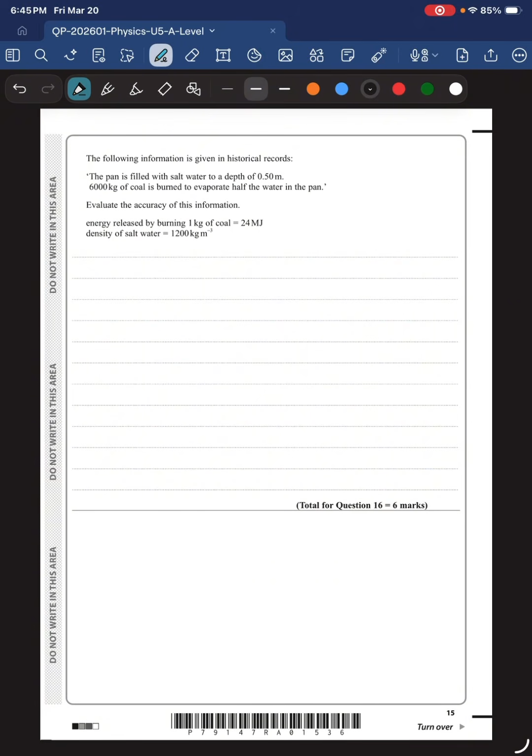Okay, let's find the volume of the salt water they evaporated. So that's length times width times height, right? So that's 24 meters times 9.1 meters times 0.5 for the depth. So 109.2 cubic meters.